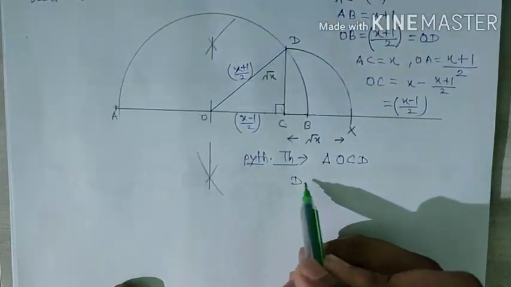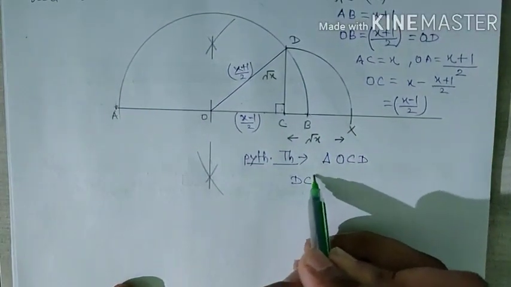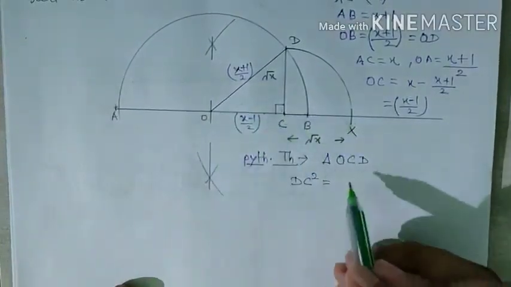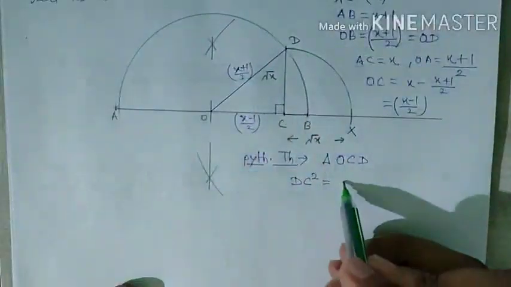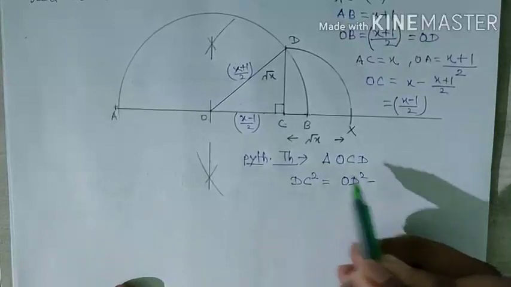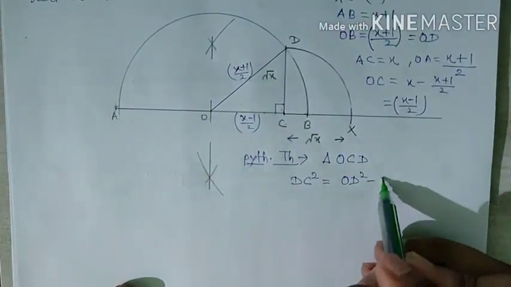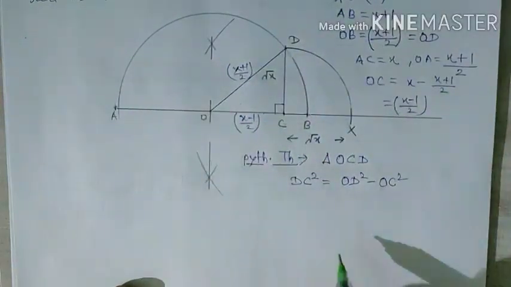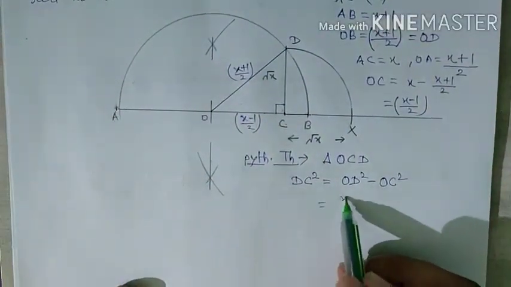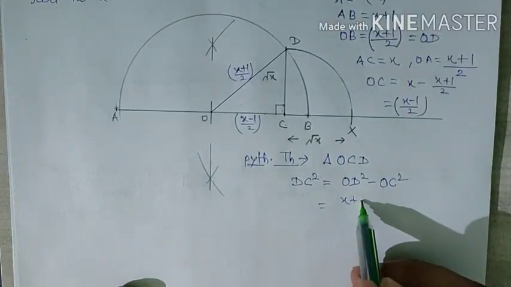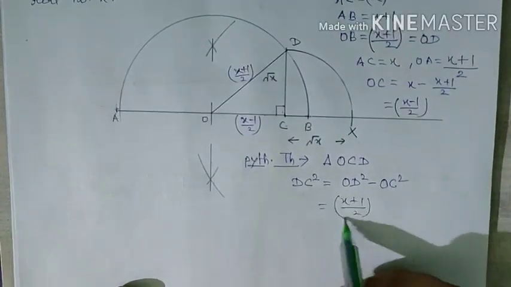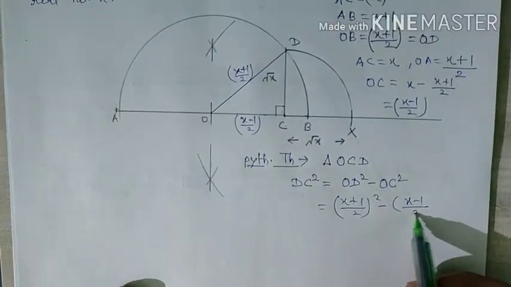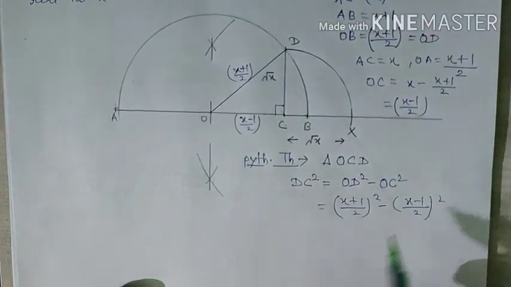DC square is equal to OD square minus OC square. First we'll take the hypotenuse. This is x plus 1 upon 2 whole square minus x minus 1 upon 2 whole square.